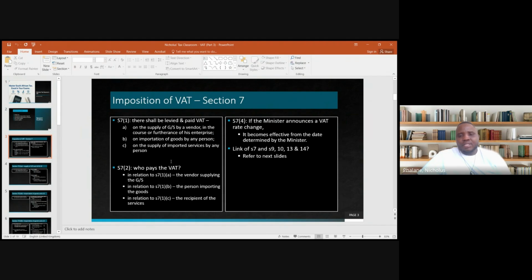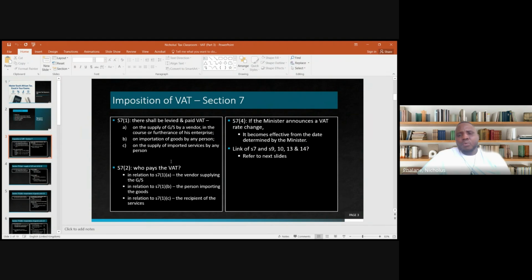Then you need to know the time of supply, which is in Section 9. You need to know the value of supply. For all supplies other than importation, the rules of the time and value of supply are in Section 9 and Section 10 respectively.